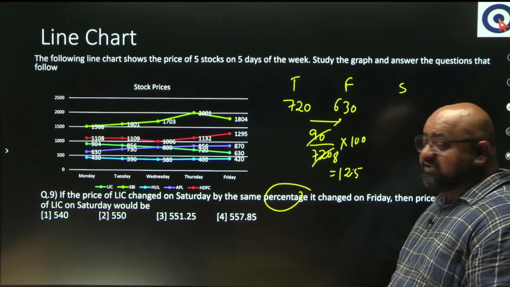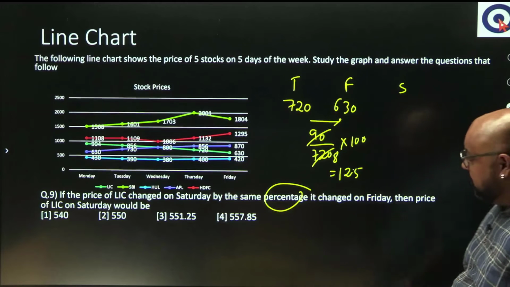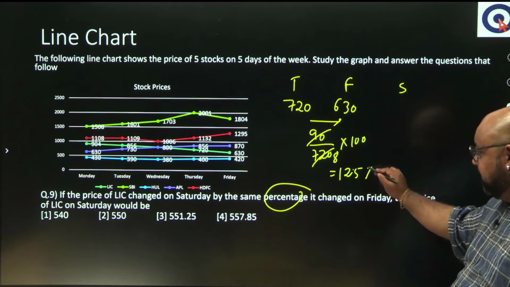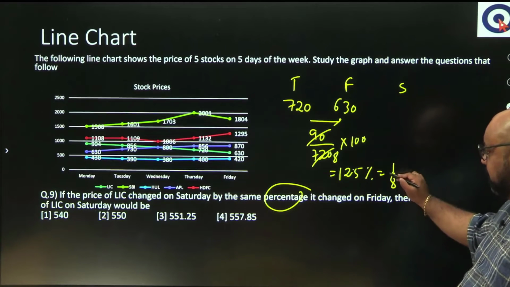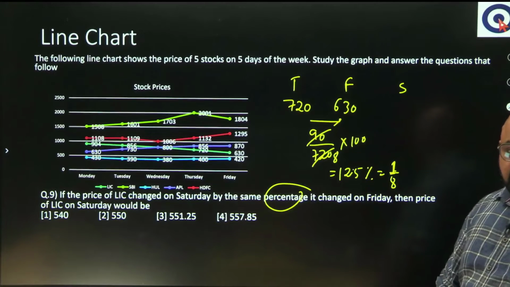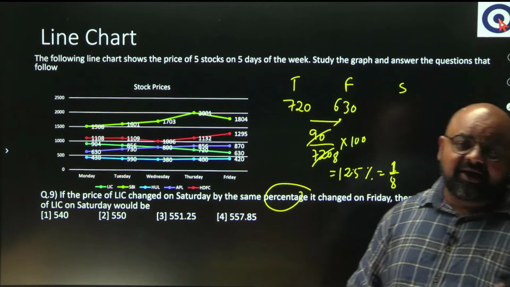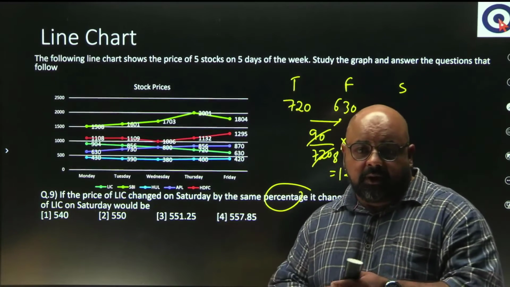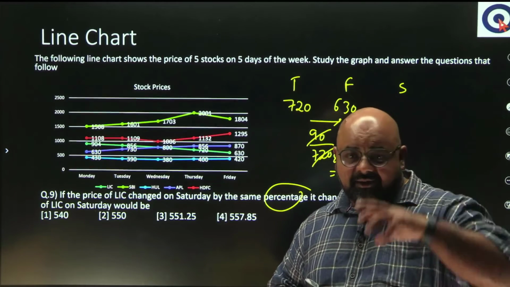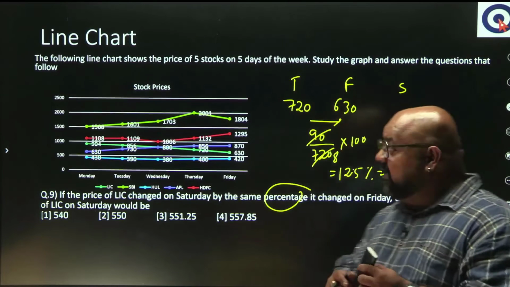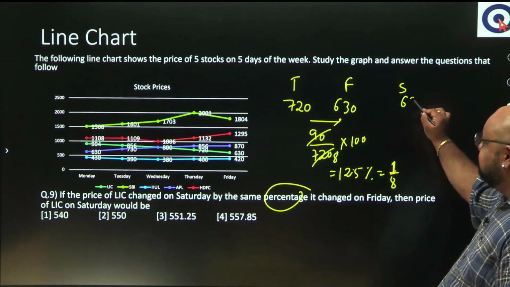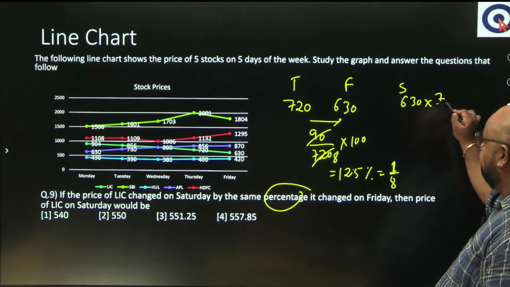So you reduce 630 by 12.5%. 12.5% we now know is 1 by 8, right? So if I reduce something by 1 by 8, then 7 by 8 part will remain. If you reduce 1 by 8, so 1 minus 1 by 8 is 7 by 8. So the value on Saturday will become 630 into 7 by 8.